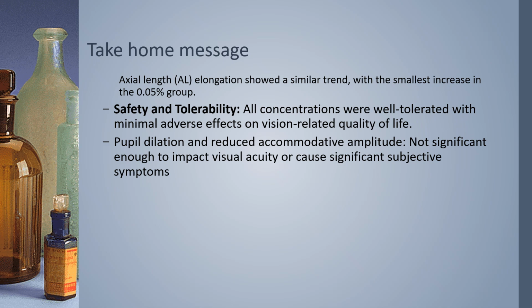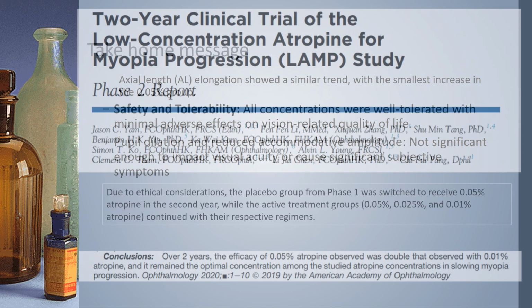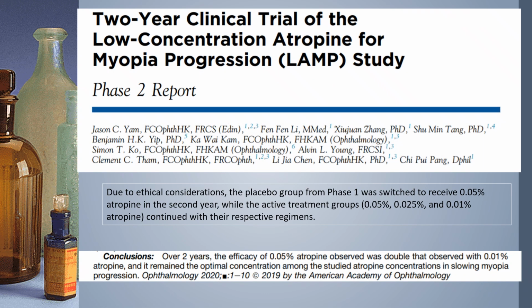They also found that all the concentrations were well tolerated, and that 0.05% and 0.025% also had good control and very few side effects. When it comes to side effects, that is what we are looking forward to when we talk about low concentration atropine.